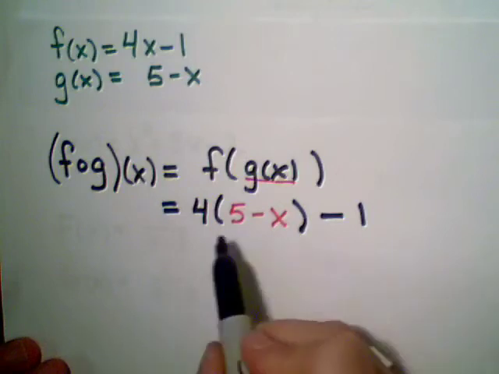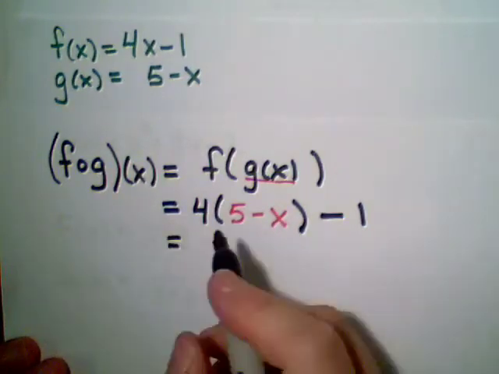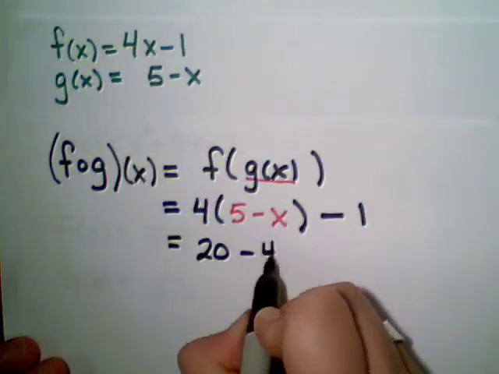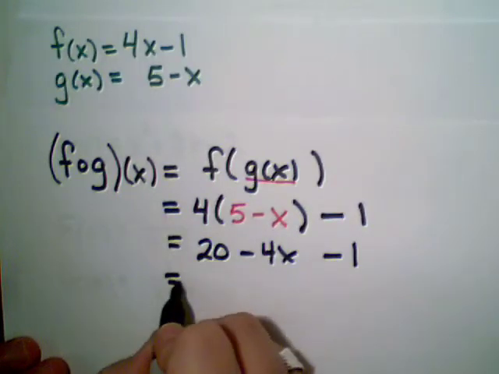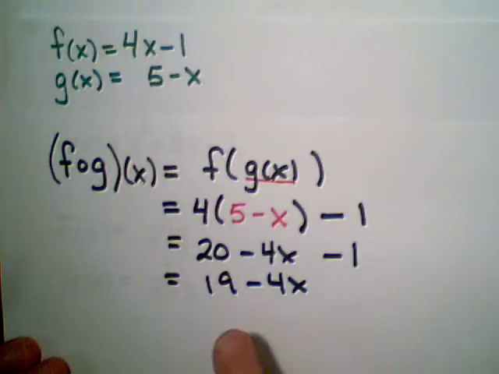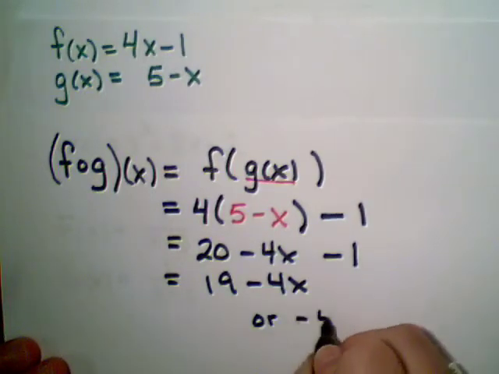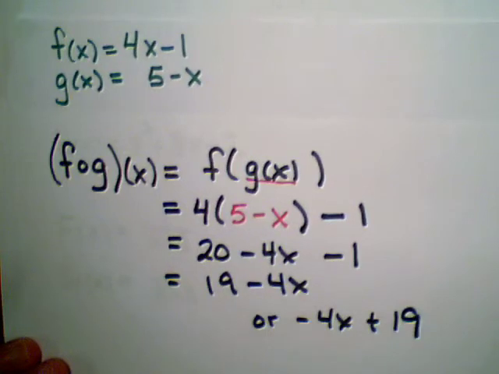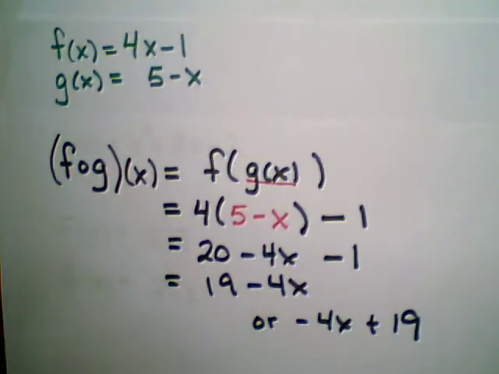And then if it's pretty easy to simplify, we usually go ahead, distribute through the parentheses, collect like terms. Of course, we could also write this as negative 4x plus 19. The composition function ends up being this linear function, 19 minus 4x.